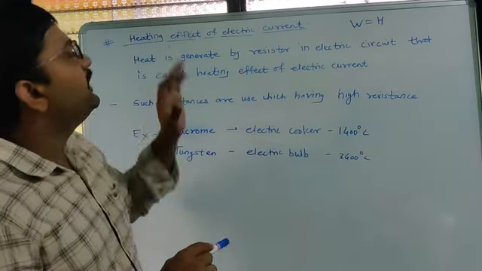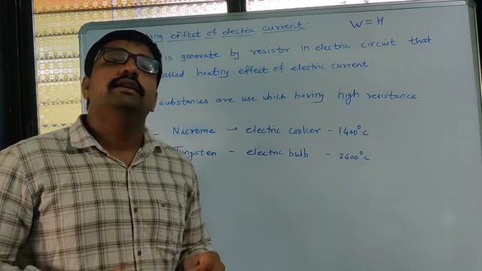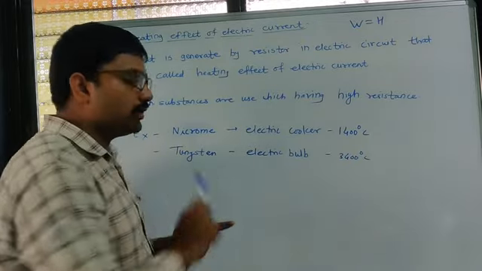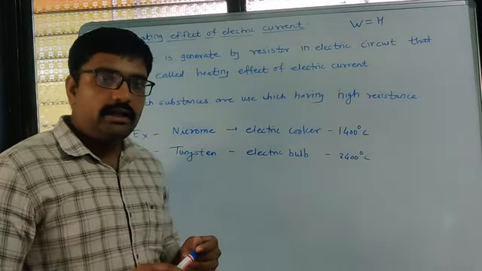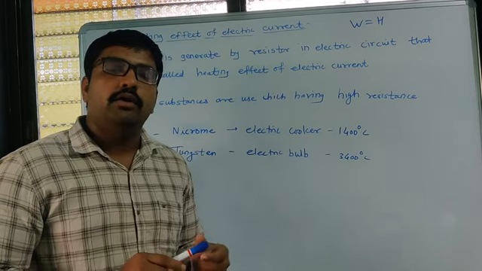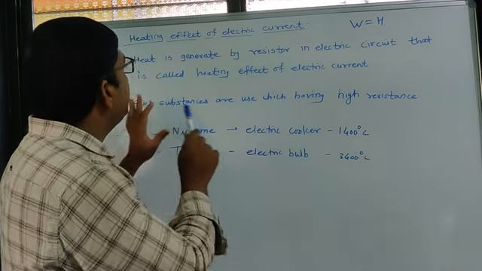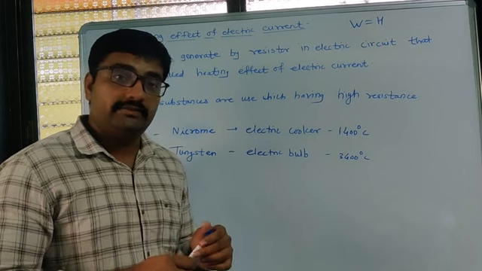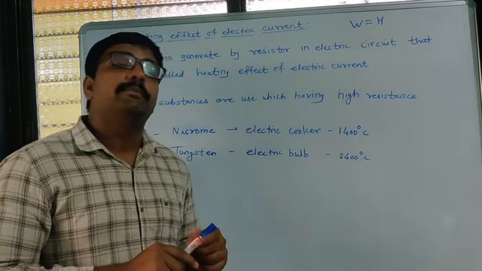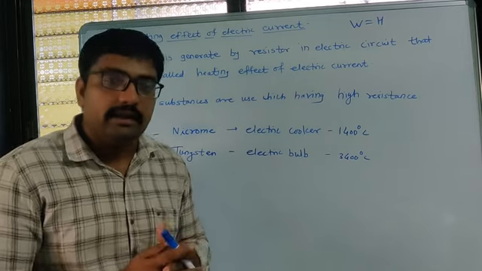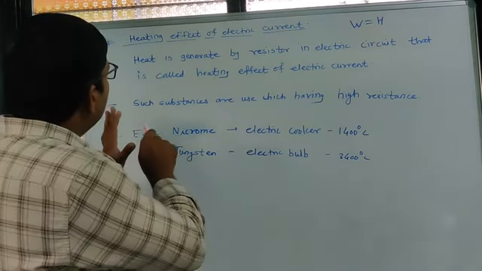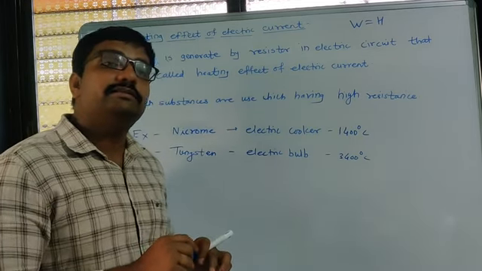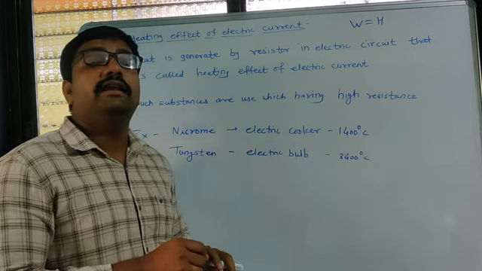Now this heating effect of electric current we see in various home appliances: electric cooker, electric bulb, and also electric water boiler. These are some common examples of the heating effect of electric current that we use in our day-to-day life. In such home appliances, some substances are used which have very high electric resistance.